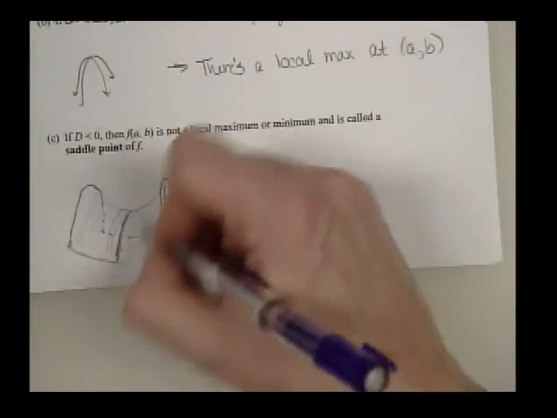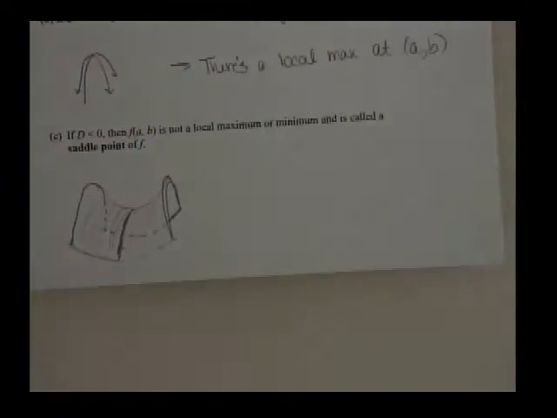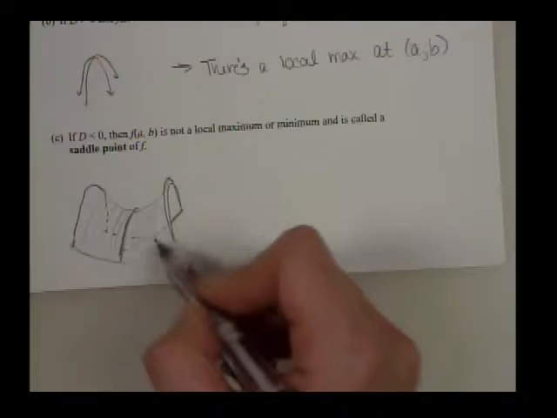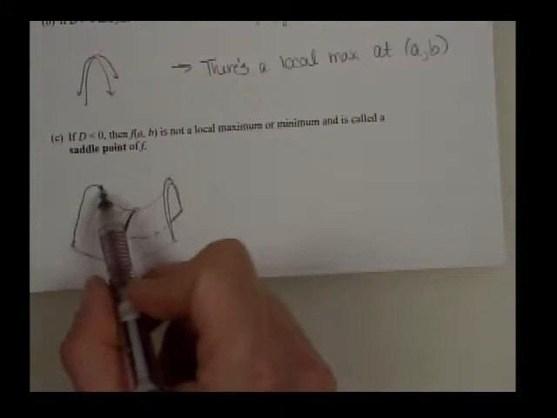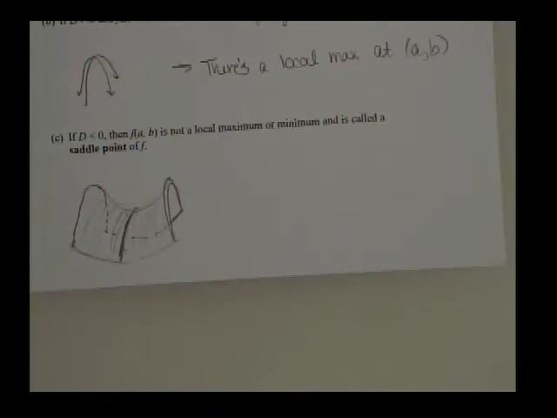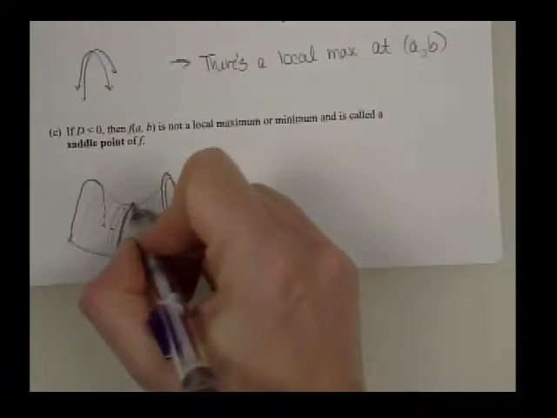It's sort of shaped like a saddle. If you go parallel to the x-axis, that point looks like a maximum. If you go parallel to the y-axis, that point looks like a minimum. So depending on which way you're looking at it, it could be either, but it's not classified as a max or a min. They call this point a saddle point.